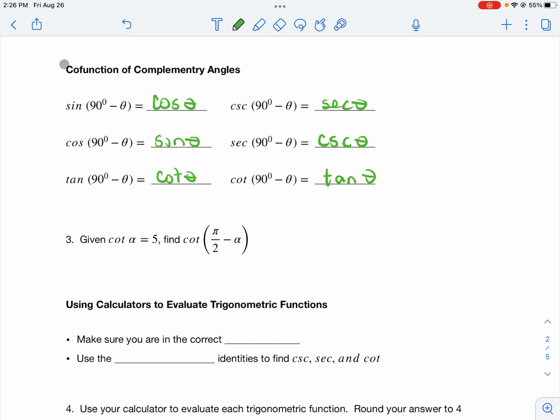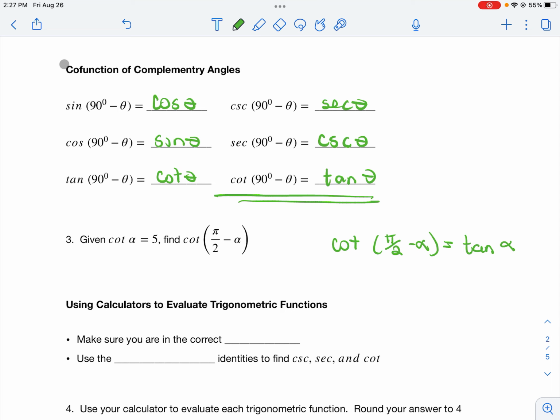And so I remembered that cotangent of pi over 2 minus alpha is equal to our tangent of alpha. Okay, so I'm using this identity right here, using the tangent of alpha.